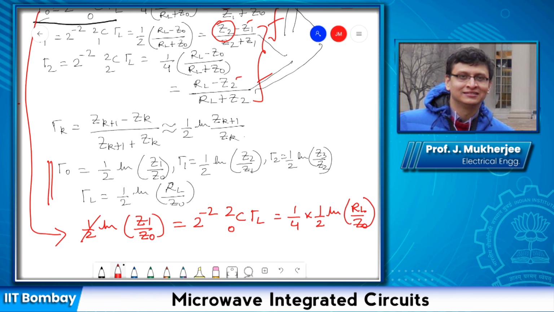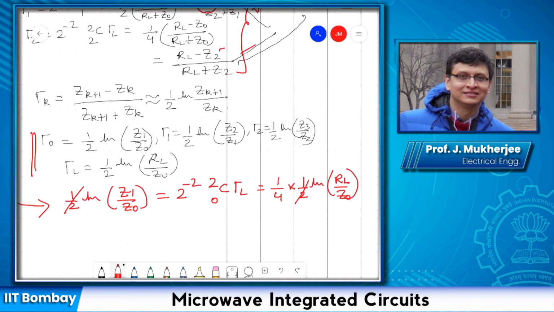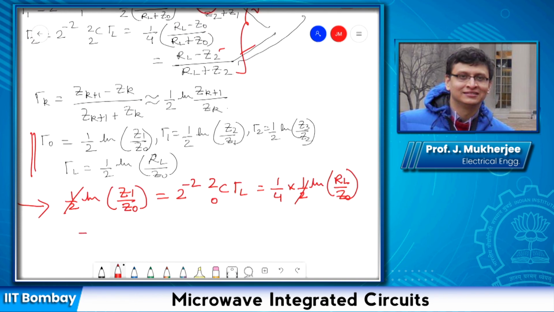Now this and this cancel. So from here we get Z1 is equal to Z0 times RL upon Z0 raised to 1 by 4.